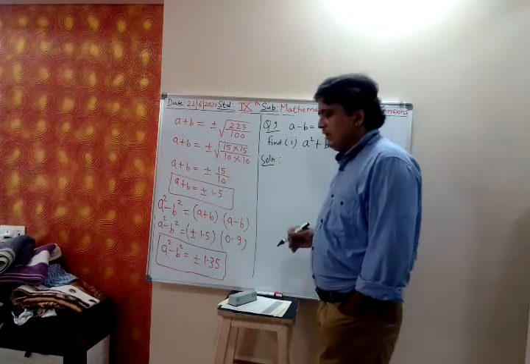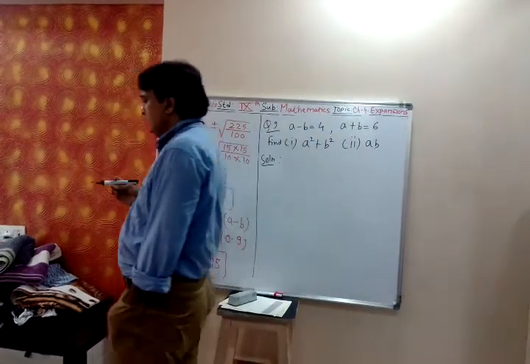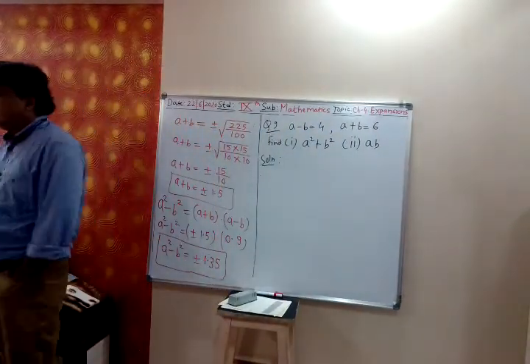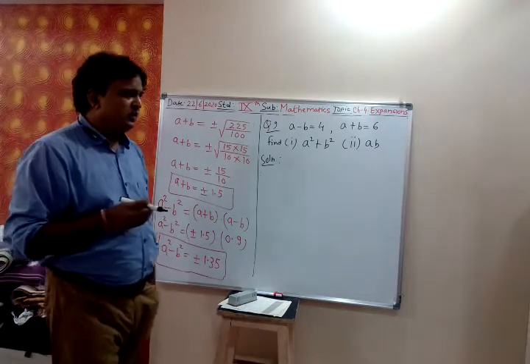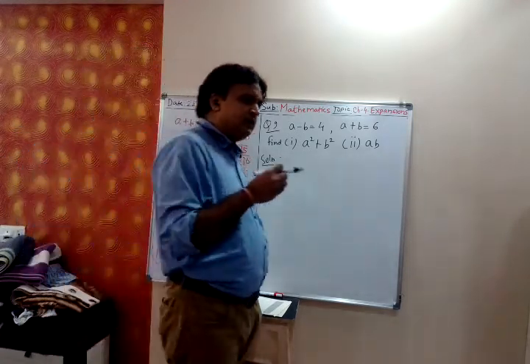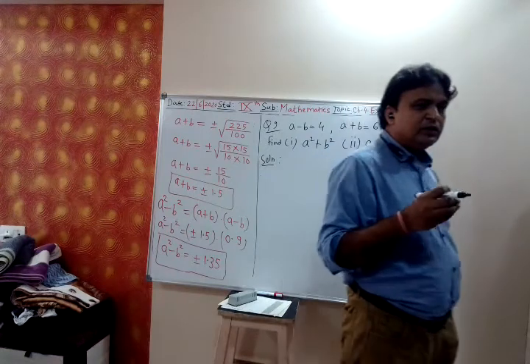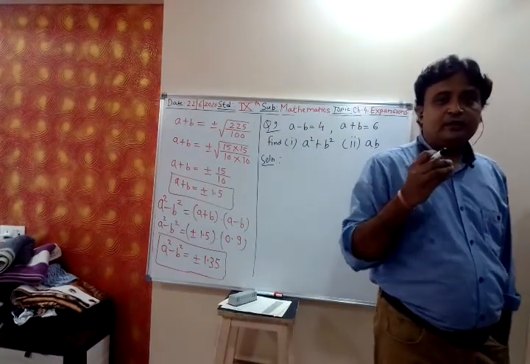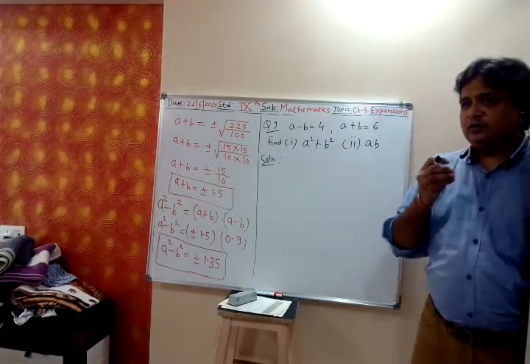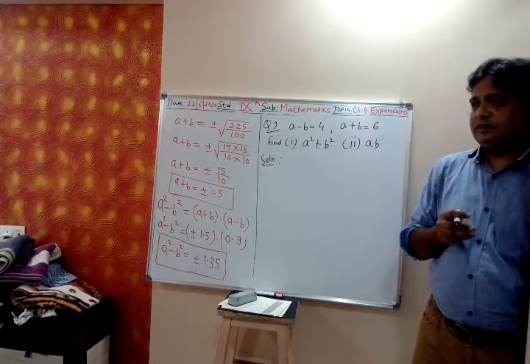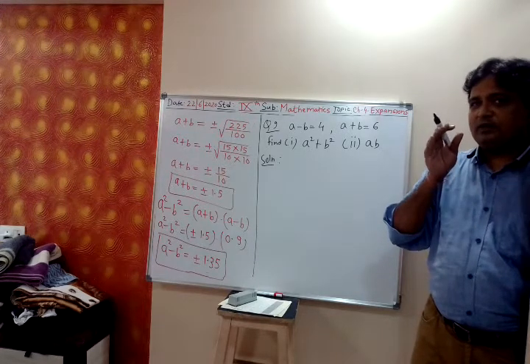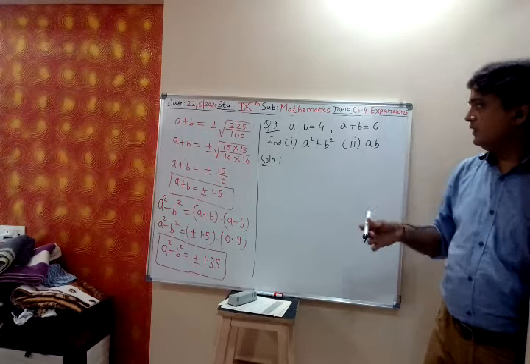Several times I have told you, you should always make the habit of reading the question with patience, carefulness. Then you come to know what is given and what is asked, so that you think about that and approach the correct formula.